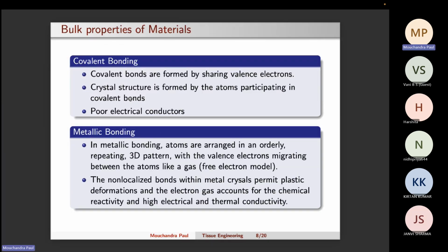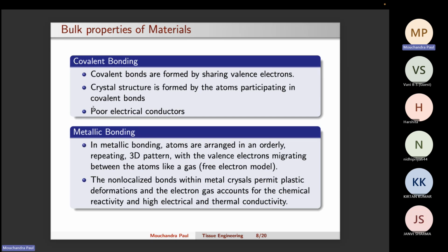Then covalent bonds are also possible. These bonds are formed because the valence electrons are being shared, and here also crystal structures can be formed by the atoms, like diamond and graphite, which are made up of pure carbon. Both of them have different crystal structures, and the difference in crystal structures gives rise to a difference in their properties.